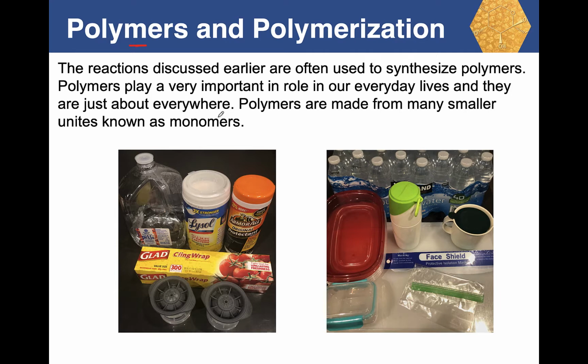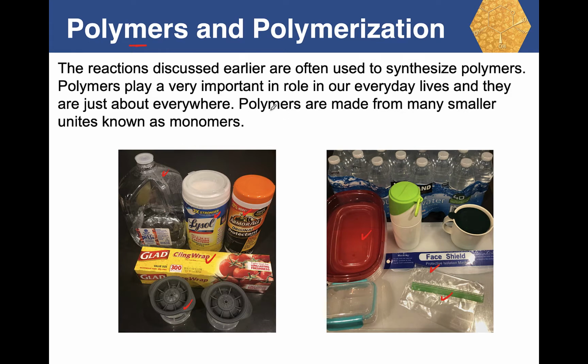We've heard the name used in everyday life. Here are some examples. The water bottle that we use every day is made from polymer. The plastic containers, saran wrap, plastic, rubber, Tupperware, even face masks and bags are made from polymers.